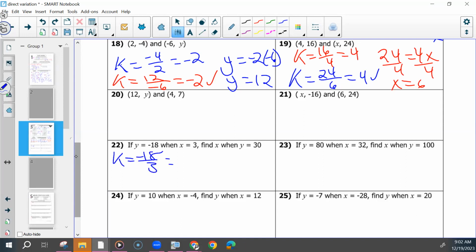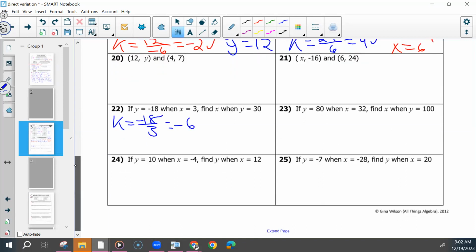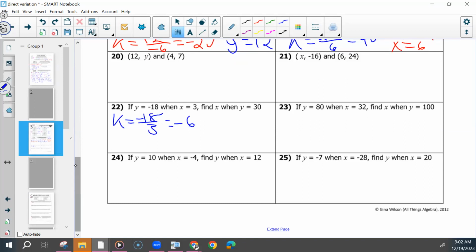That k would equal -6. And then we have to set up our equation, find x when y equals 30. What would that equation look like? 30 equals -6x.